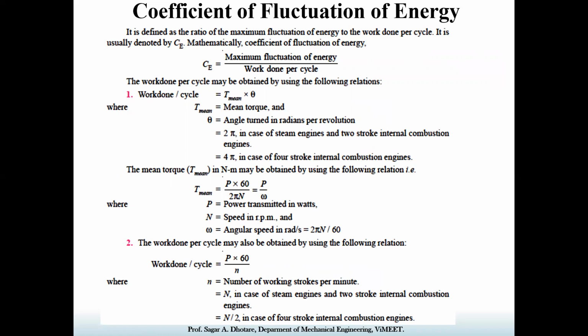We can calculate the mean torque of an IC engine by the equation P into 60 divided by 2 pi n, or P divided by omega. And the work done per cycle is P into 60 divided by n, where n is the number of strokes per minute.